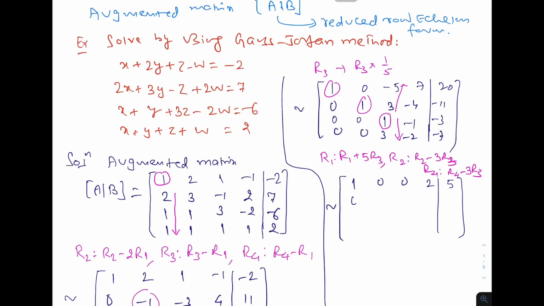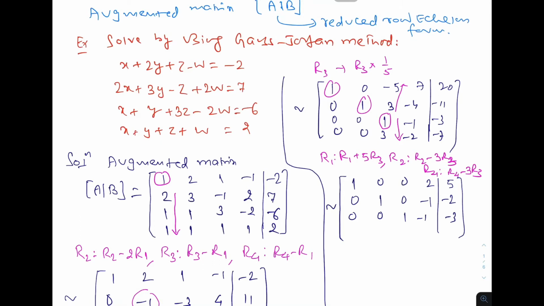So that will be 0 1 0. Now multiply with minus 3, so this is 3 minus 4, and so that is minus 1. Multiply with minus 3, so 9 minus 11, and so that is minus 2. Third row will not change, 0 0 1 minus 1 minus 3.